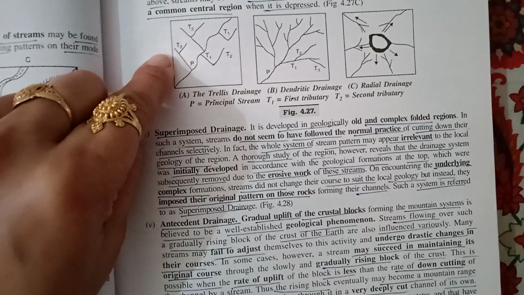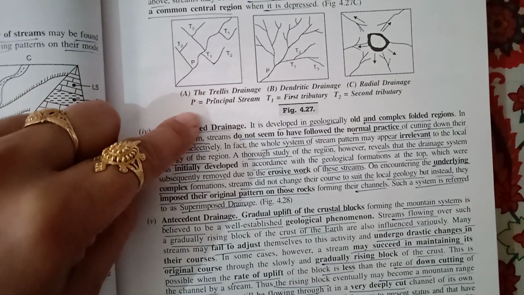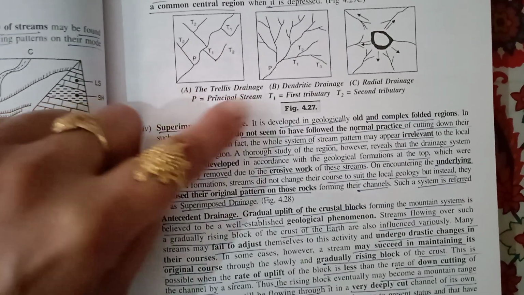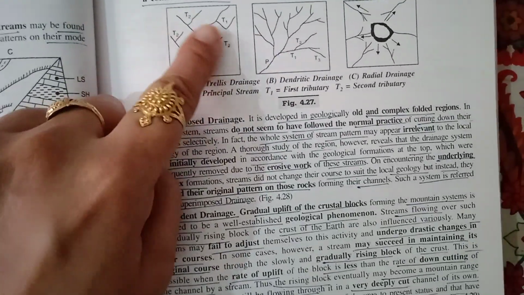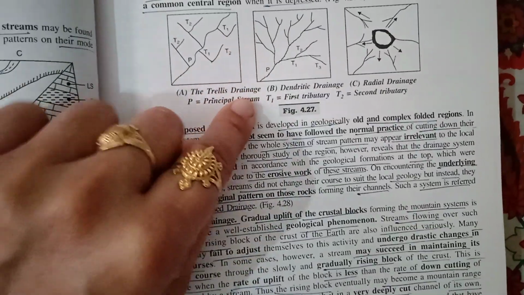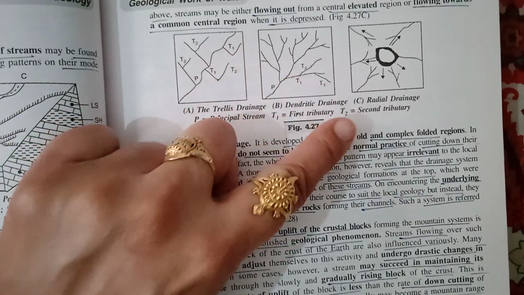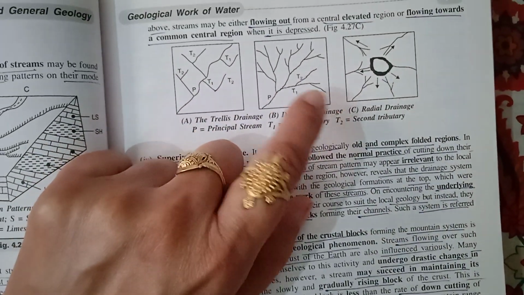T1, T2: this indicates first tributaries and second tributaries. So in this figure, we have the trellis drainage pattern, dendritic drainage pattern and radial drainage pattern.